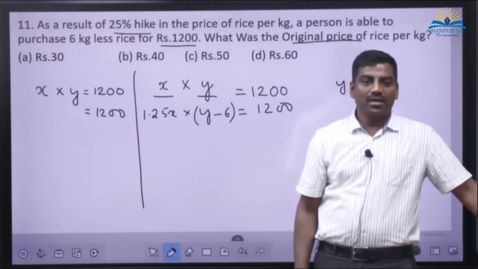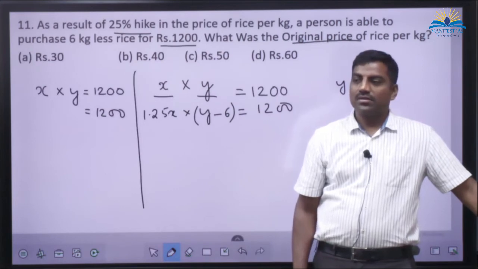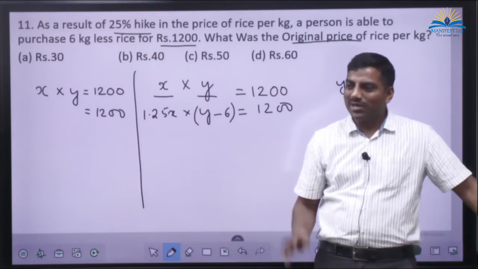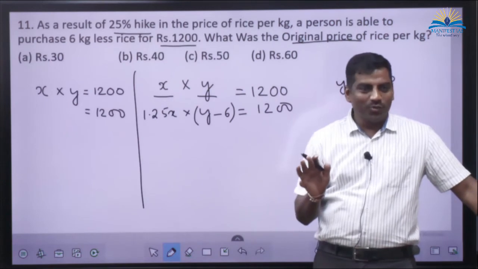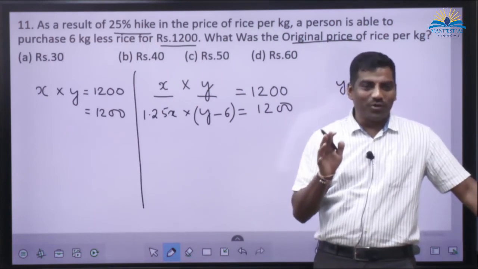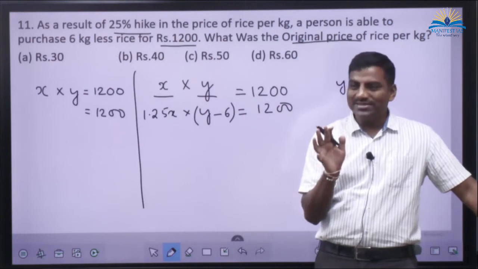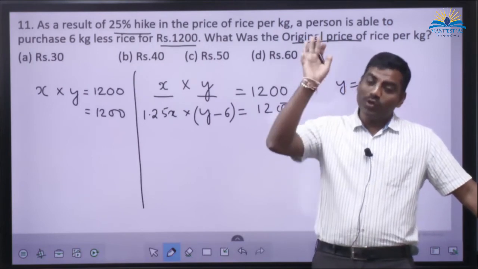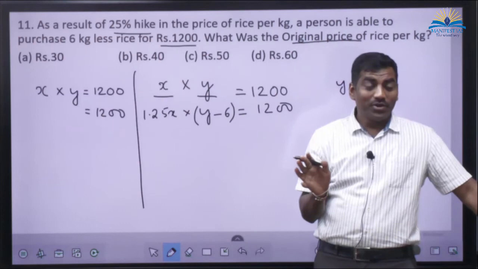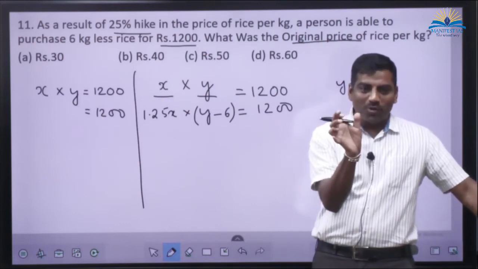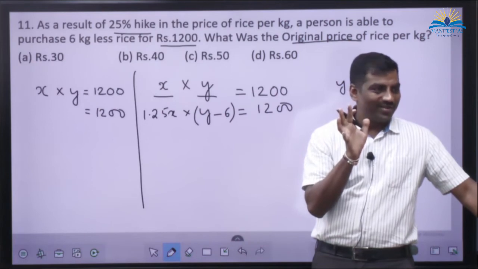Simplify it. It should be more than 1, no? 1 integer 1 by 4. 1.25 is nothing but 1 integer 1 by 4, which is 5 by 4. That makes sense. Why are you going to 125 by 100? 0.25 is 1 by 4, no?